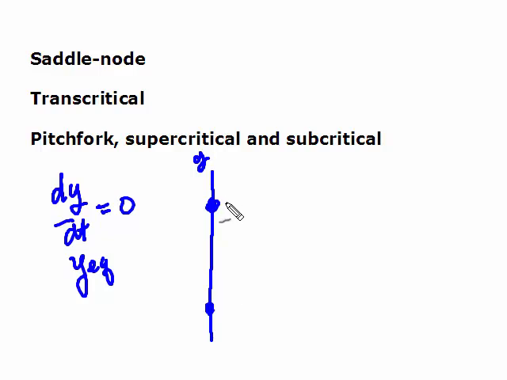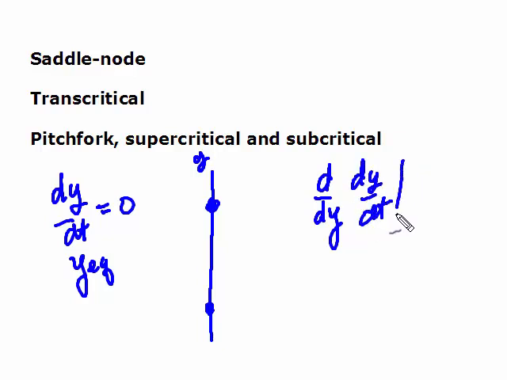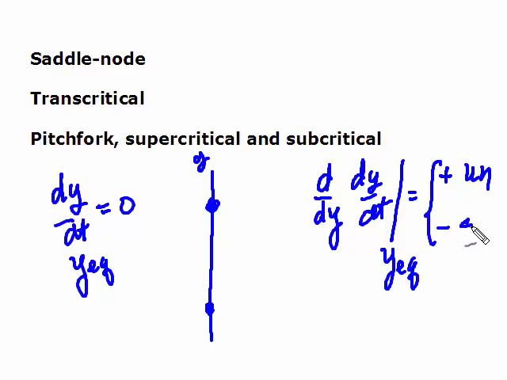Then we have to determine their stability. There's several ways to determine the stability, but in this lecture what we'll do is take that next derivative and evaluate it at each equilibrium value, and if it's positive, it's unstable.